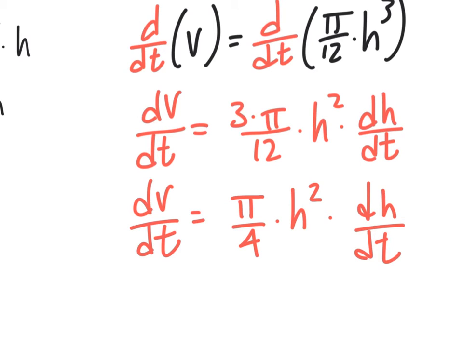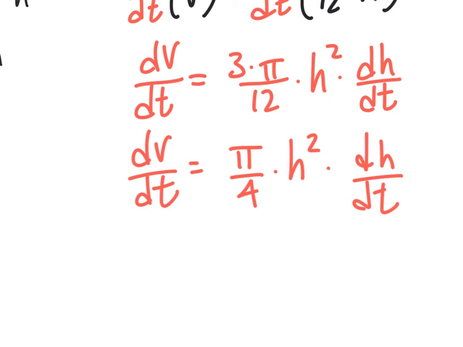Normally I wait till the very end, but this gets a little tricky here, so I'm going to plug in what I already have. I know that dV/dt is -2, so I'm going to plug that in. I also know that h is 4, so I'm going to do pi over 4 times 4 squared, and then times dh/dt.